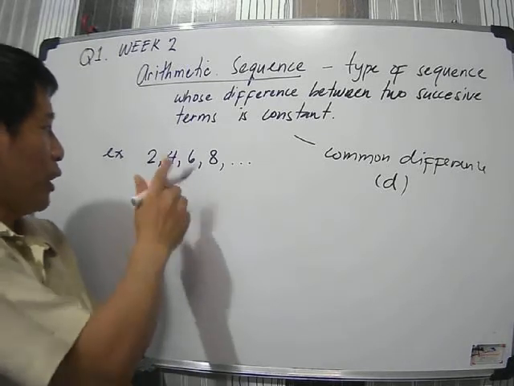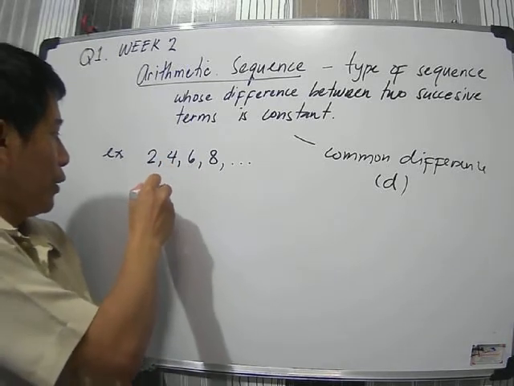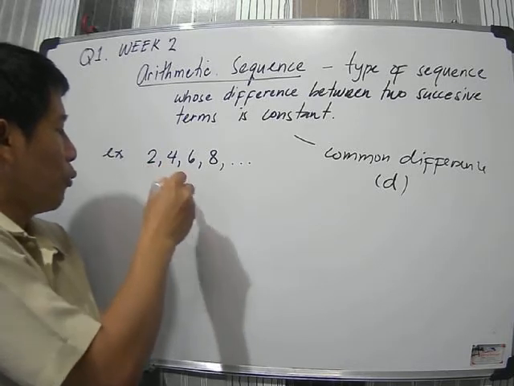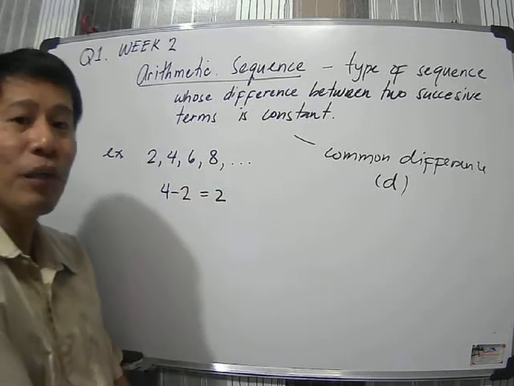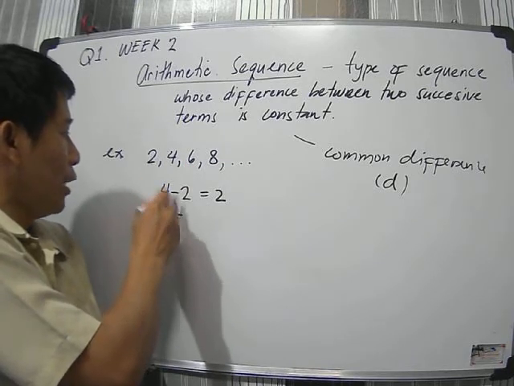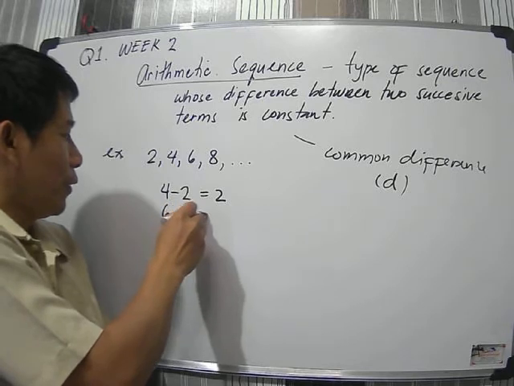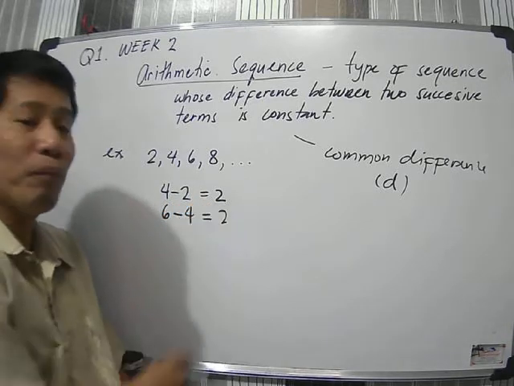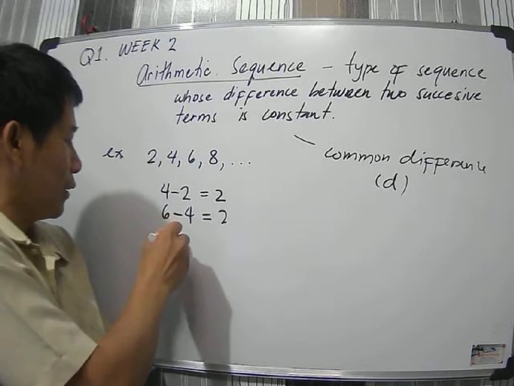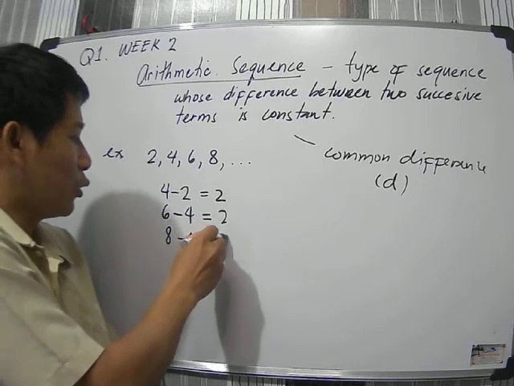So, in our example here, we have 4 minus 2. 4 minus 2, we will get 2, right? And we try to check. 6 minus 4, the answer is also 2. And then next, 8 minus 6, the answer is also 2.